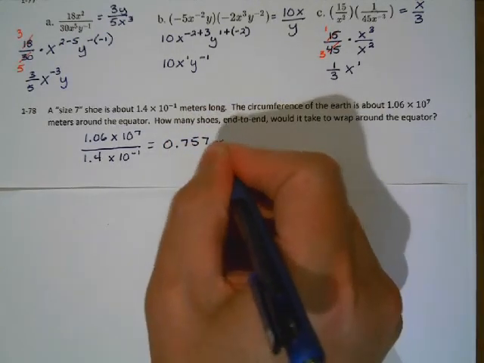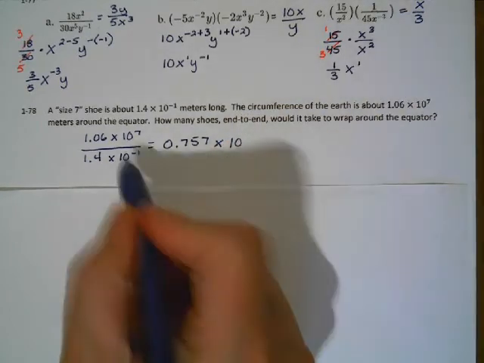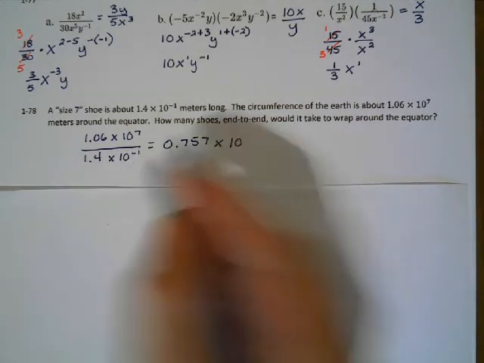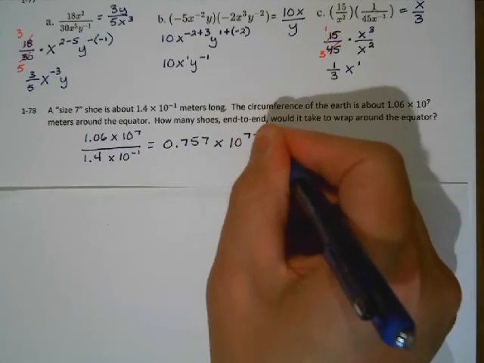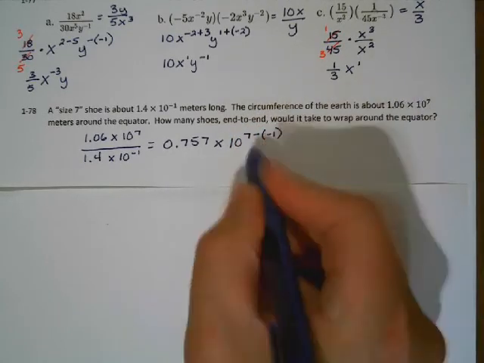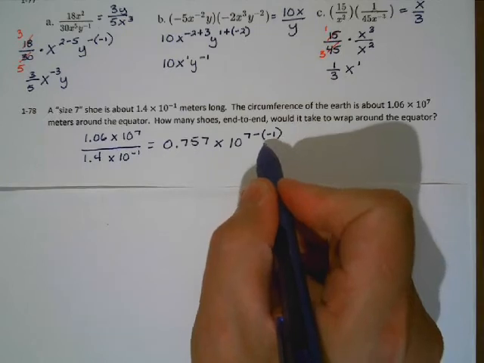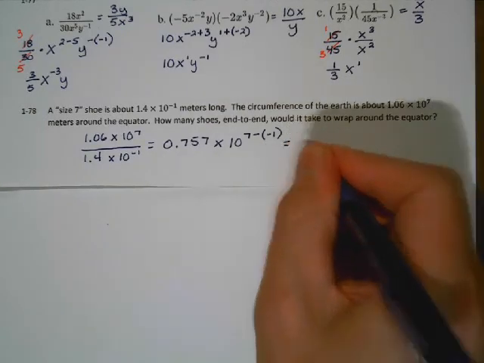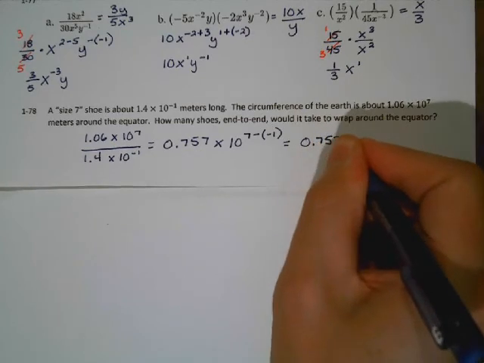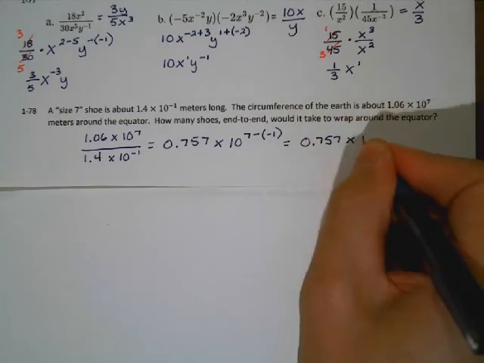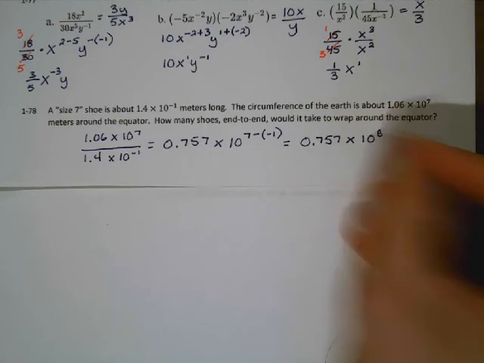And then we're going to do times 10. And what are we supposed to do with these exponents? We're supposed to subtract them. So this is 7 and then minus negative 1. But a negative 1 is actually 7 plus 1. So I end up with 0.757 times 10 to the 8th power.